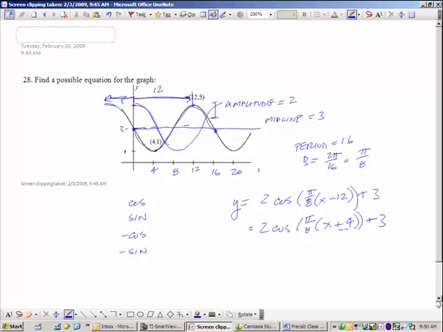And as a matter of fact, I'm ready for someone to say, yeah, but if you had called it something else, you wouldn't have had to do a shift at all. If you had called it the negative sine function, that's what this is. It's the sine function opening down.